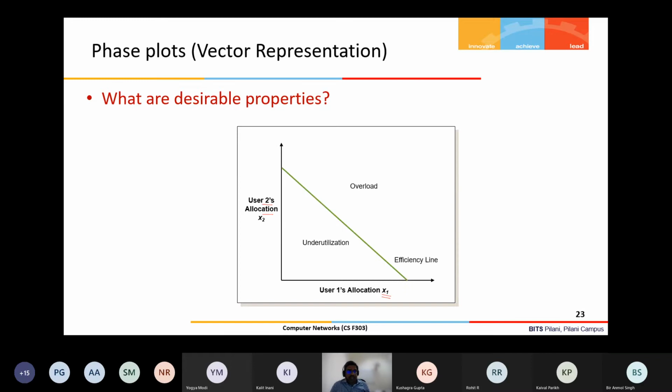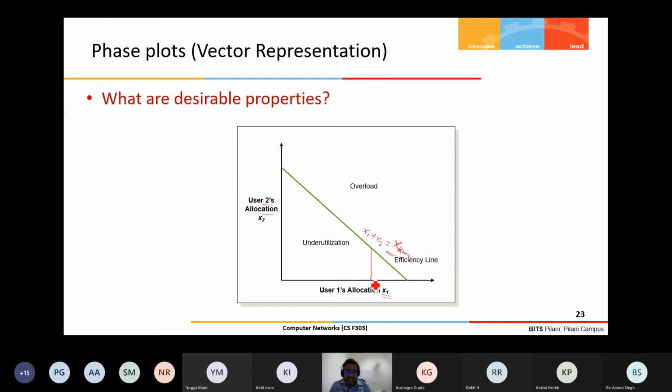Now on this plot, this line indicates the efficiency line. It represents x1 plus x2. Basically, x1 plus x2 is equal to x_max, the maximum capacity. My connection state should always be on this line.